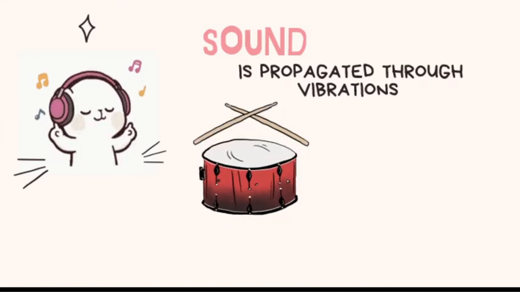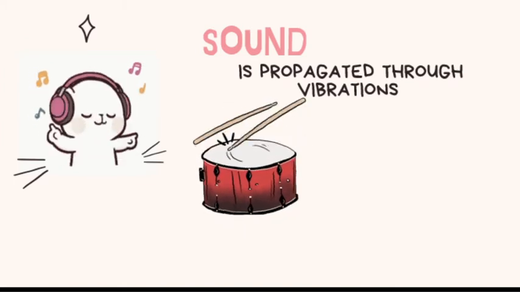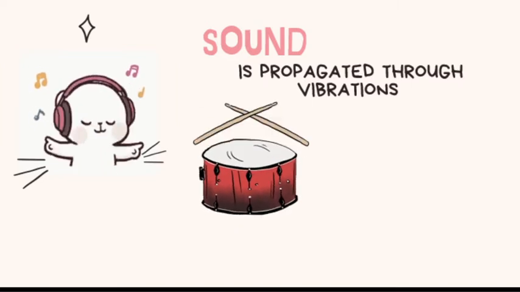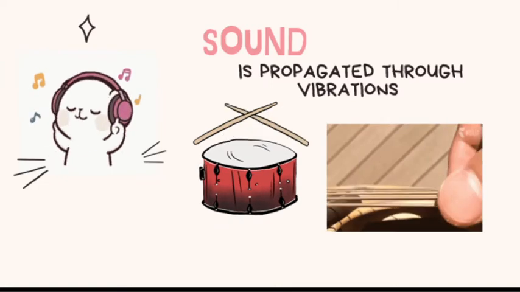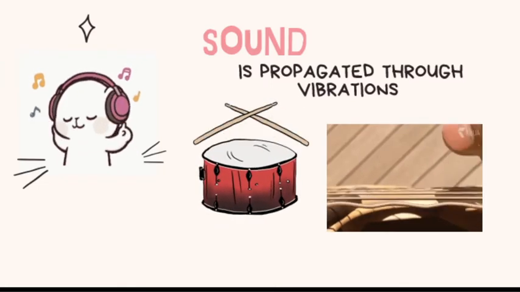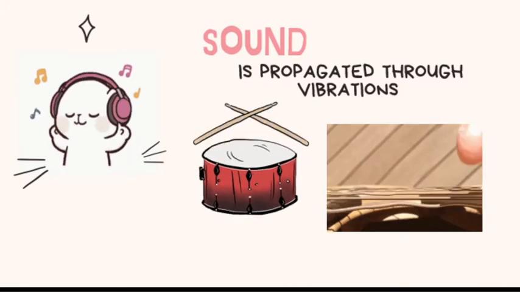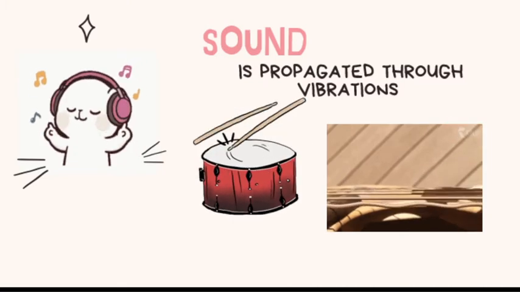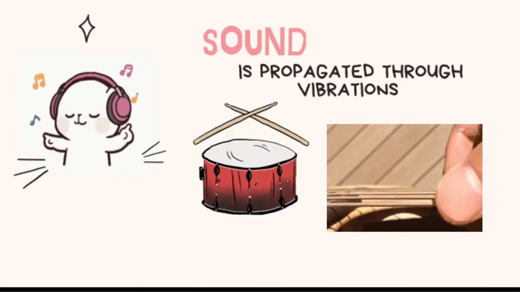Vibrations occur in the drum. Same with the guitar. As we play the guitar, the vibrations of the string release sounds, and as long as the string vibrates, it will produce sounds.